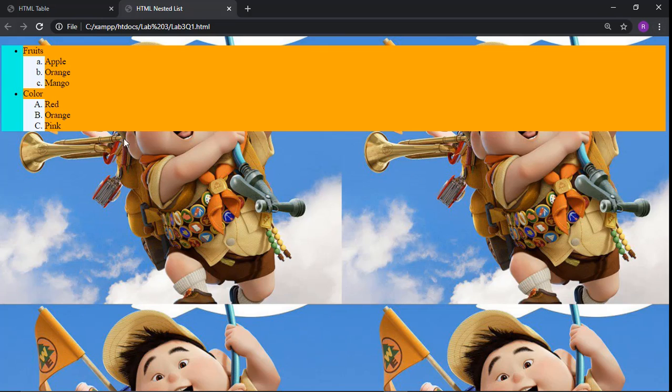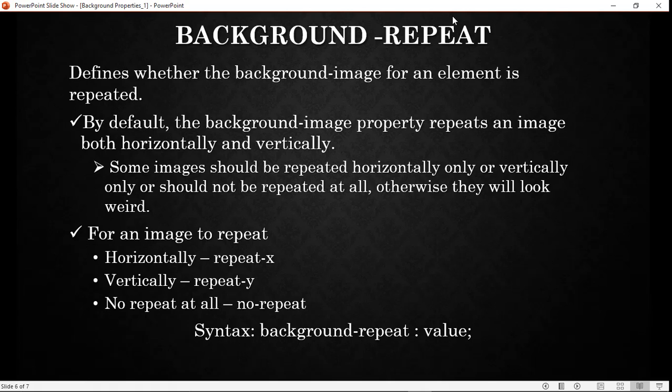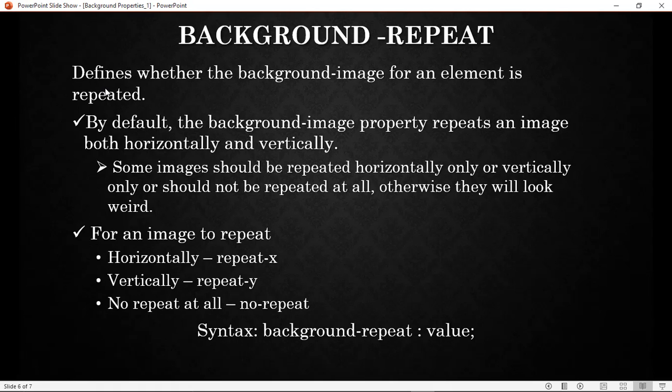When I said the image will repeat itself by default, I meant the actual image is just this one, and it is repeated both horizontally and vertically. Sometimes the repeated image does not look nice. To let the image repeat as desired, we have the property background-repeat. This defines whether the background image for an element is repeated or not.